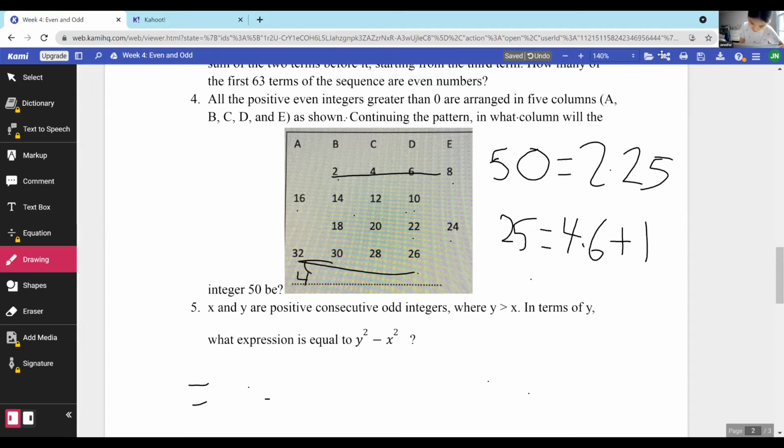And the term right before 50, which is 48, will be here in column A. Count down here, and you'll have 50, which is in column B.